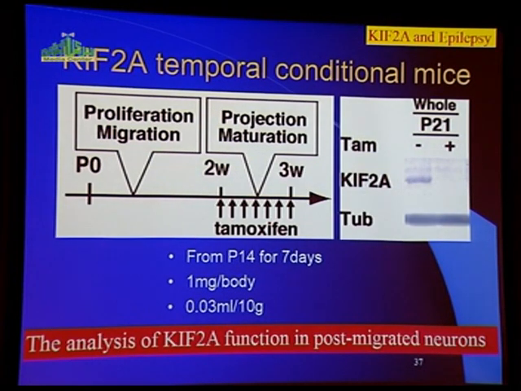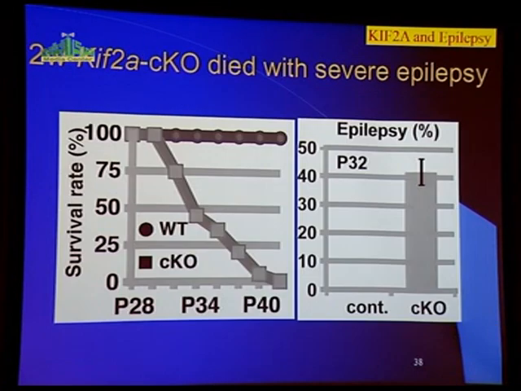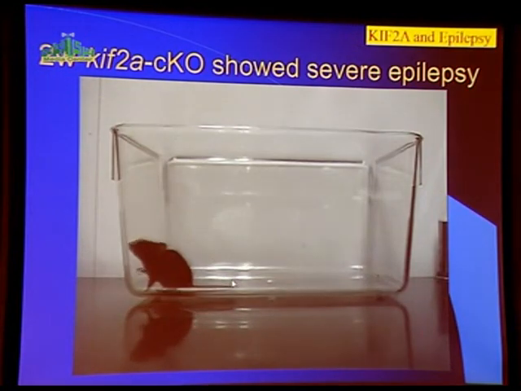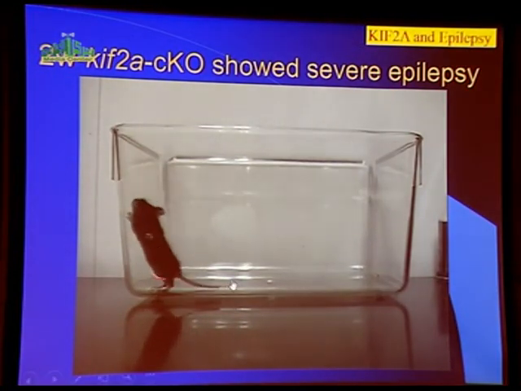So we applied tamoxifen from 2 weeks postnatally, for about a week, and completely deleted KIF2A postnatally. Then what happens? So conditional knockout mice show severe epilepsy, as shown here.